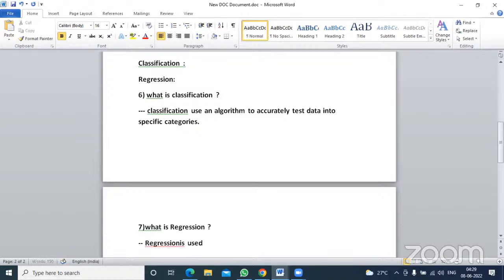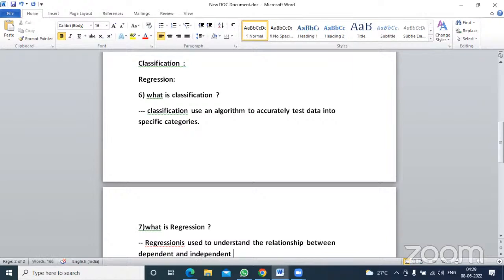Regression is used to understand the relationship between dependent and independent variables.